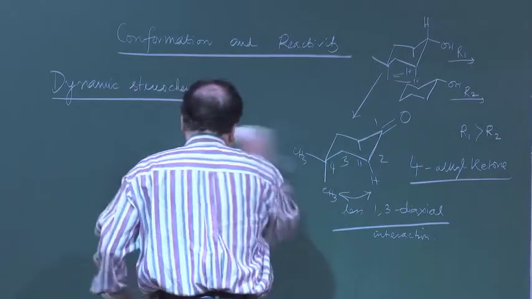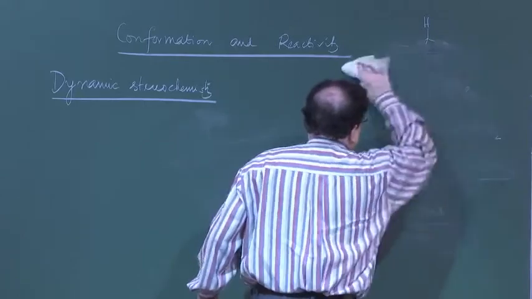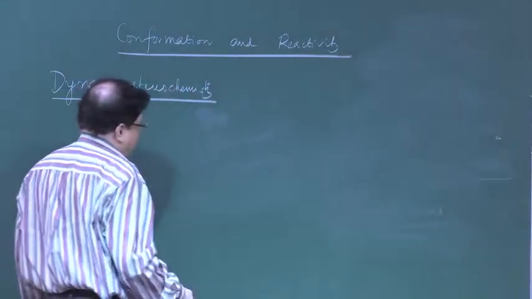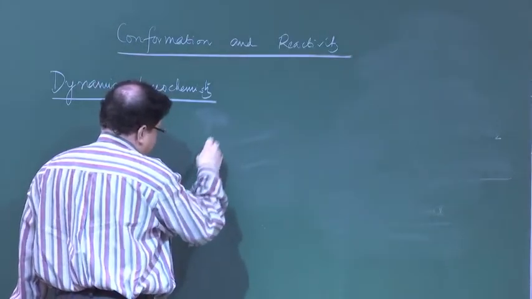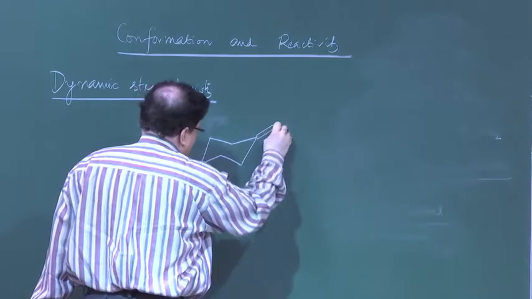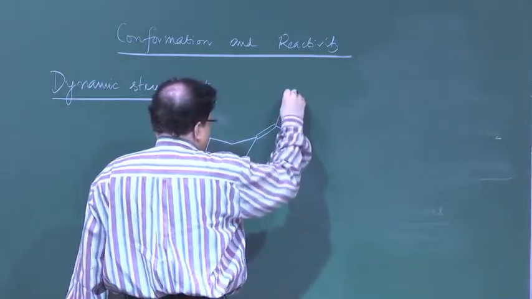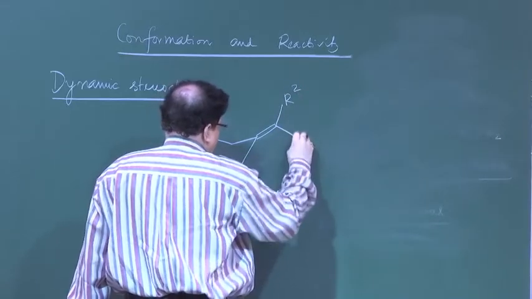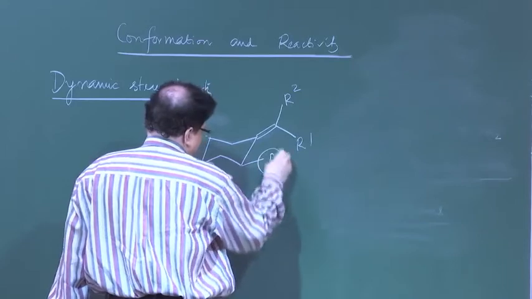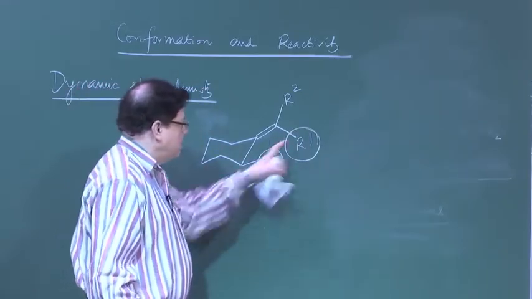Okay. Similarly, yesterday I also told you about another kind of system where there is a significant amount of axial substituent, and that happens in a very similar system like the cyclohexanone, the only thing is that you have an exocyclic double bond here with substituents R1, R2 and R1. So, here what happens now, if there is a group here, it undergoes steric compression with this R1.